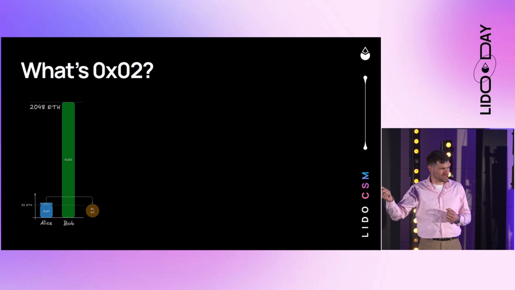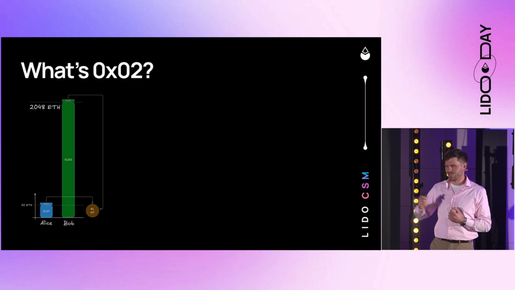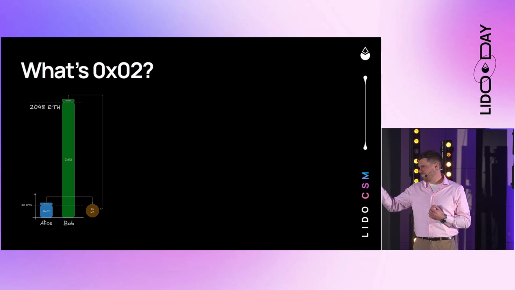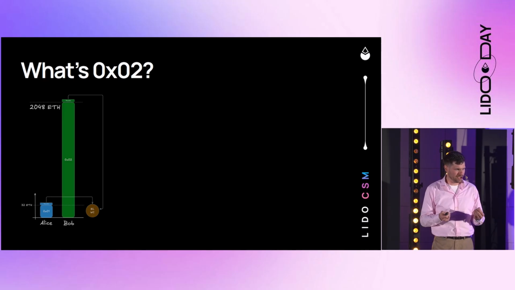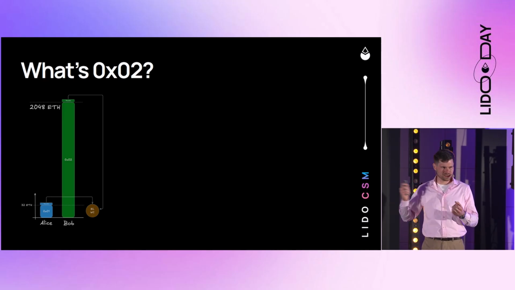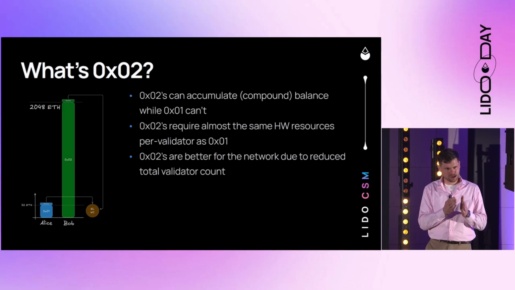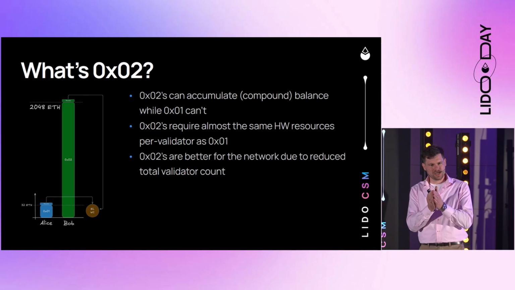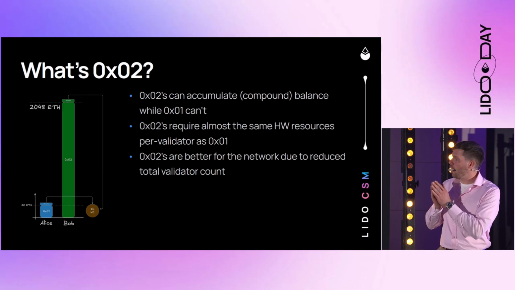This is the point where for a 0x02 validator, any rewards accumulated above that will now be sent to the execution layer withdrawal credentials in the same way that it is done for 0x01 validators. So to summarize, 0x02 validators can accumulate or compound balance while 0x01 cannot.